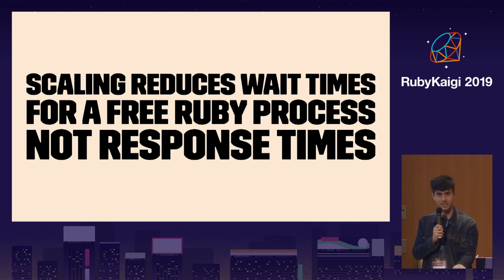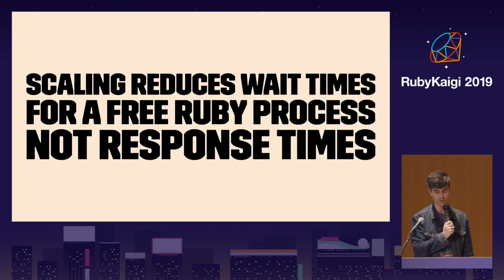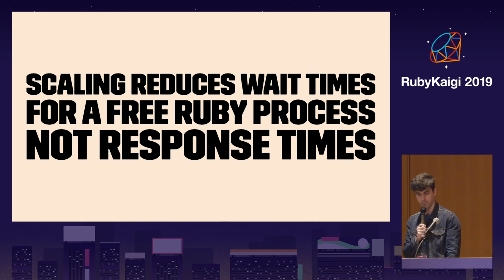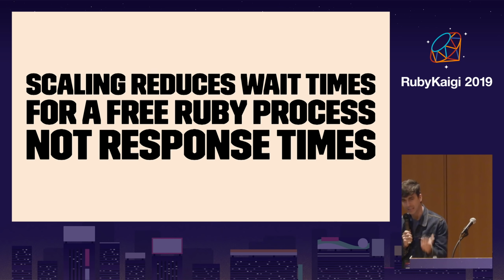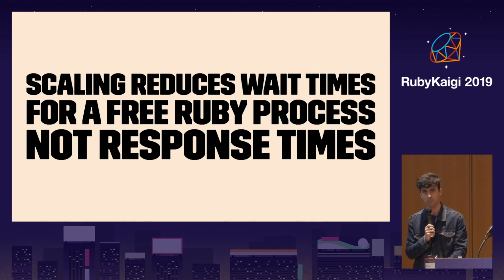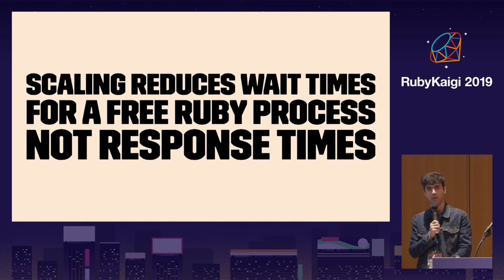Because the time spent waiting for a free worker is the only thing that we can change by increasing or decreasing the number of Ruby processes or servers available. We can't really directly reduce response times by scaling the number of servers or processes up.